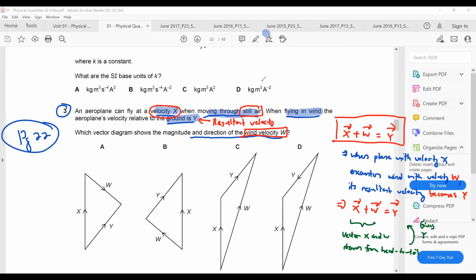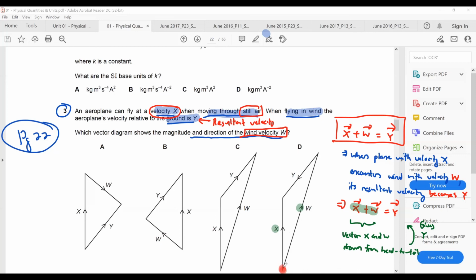Okay, so let's just see from there. Okay, head to tail, right? We say x and w drawn from head to tail. Now look at x and w. You can just try and single out the point where they meet to see whether they're drawn from head to tail. You look at this one here, for velocity x and w.